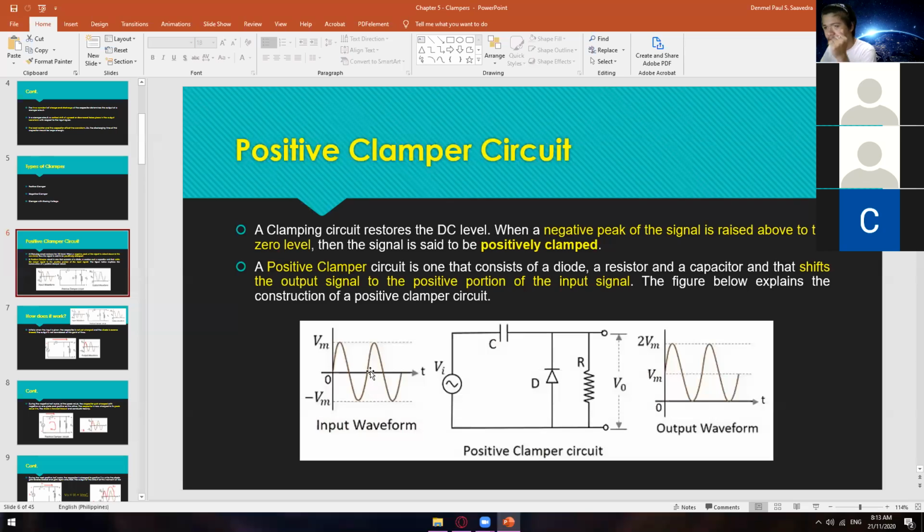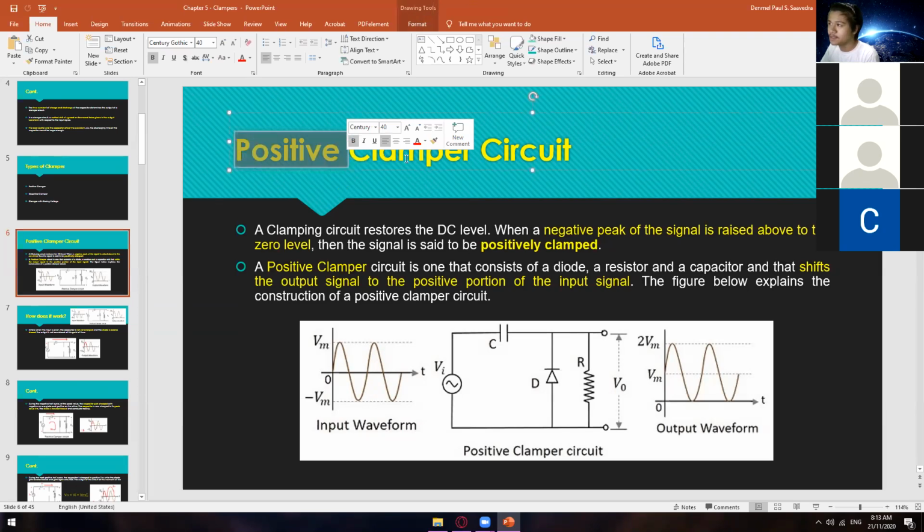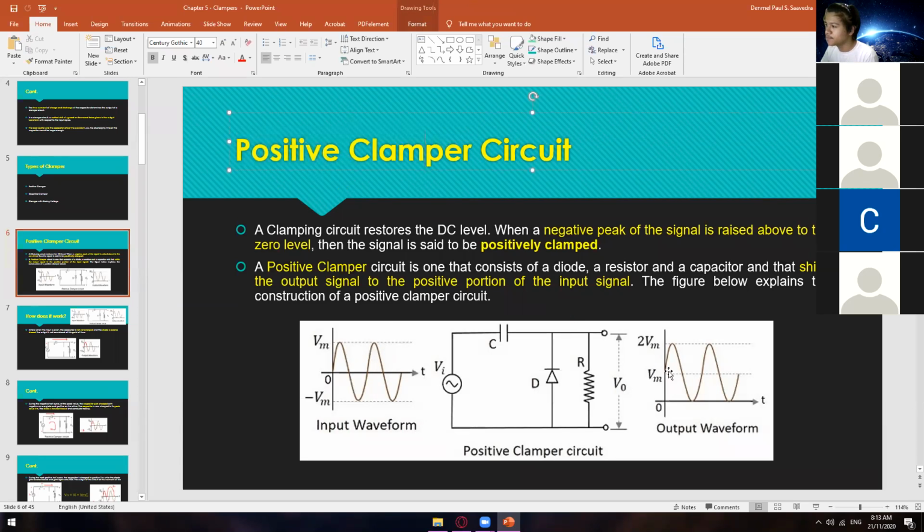It's alternating. And here we now have a still AC wave, but it's shifted into the positive side. So this is a positive clamper circuit. As you can see, it's the same waveform, just above the ground level. So this is the positive.